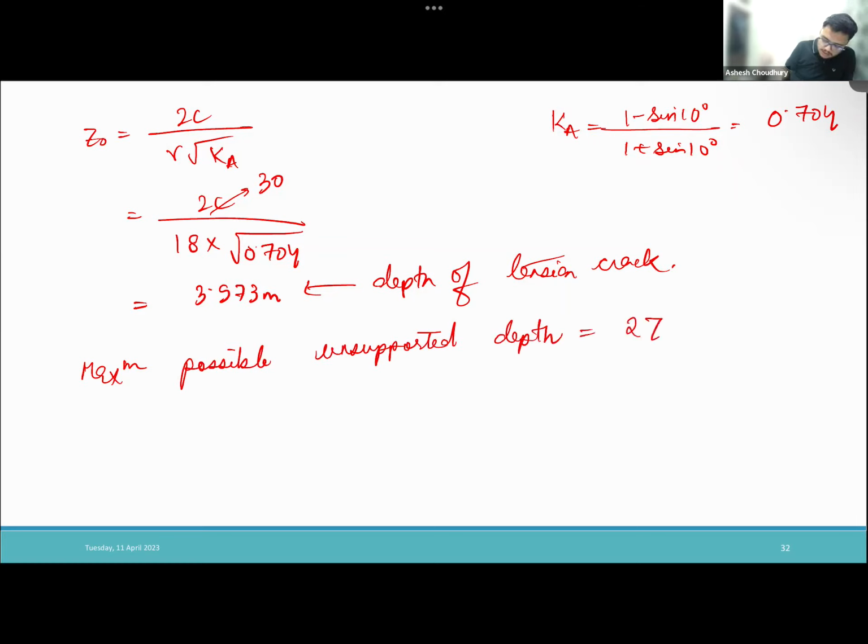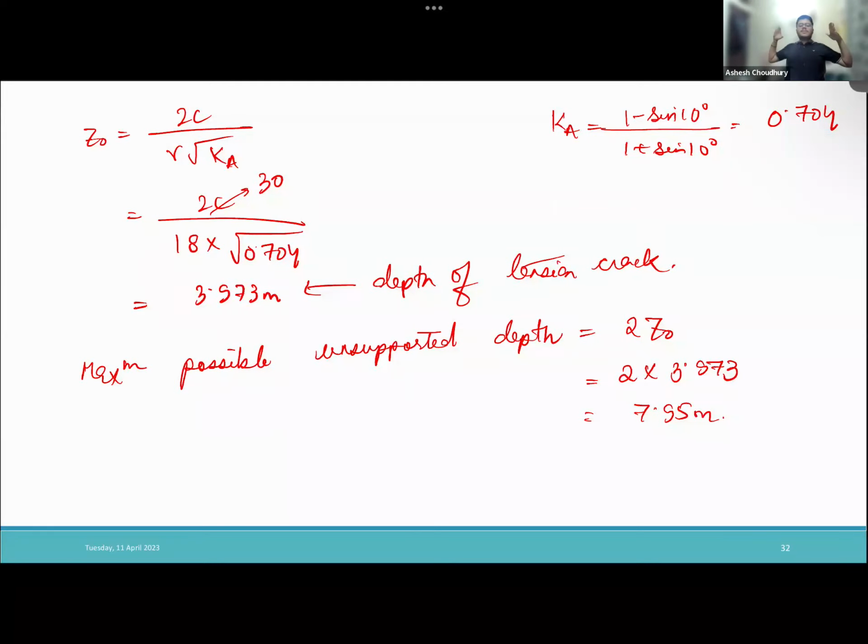Maximum possible is nothing but 2 into Z naught, 2 into 3.973. So if my depth of excavation is less than 7.95, then the soil can stand by its own. Right? It doesn't need any support.